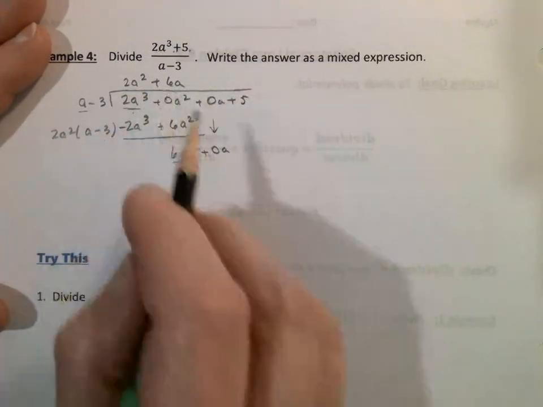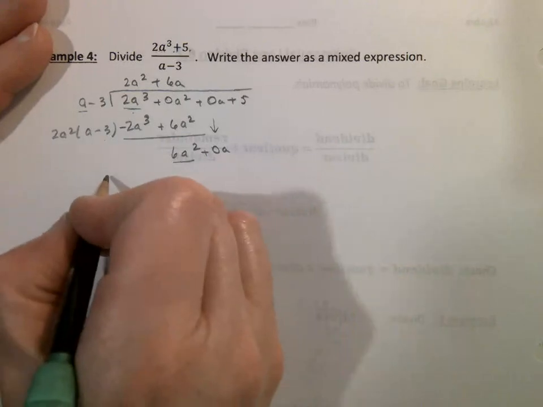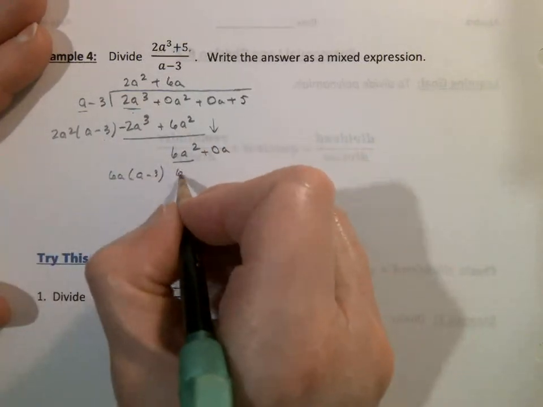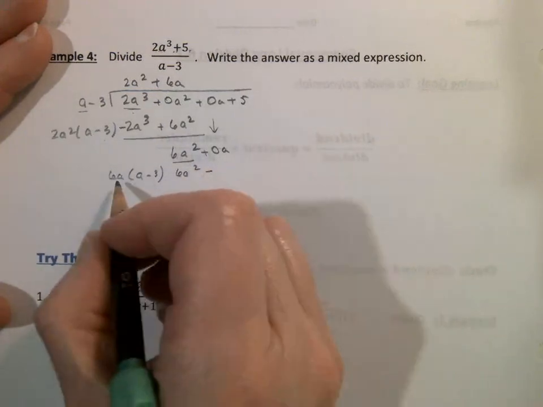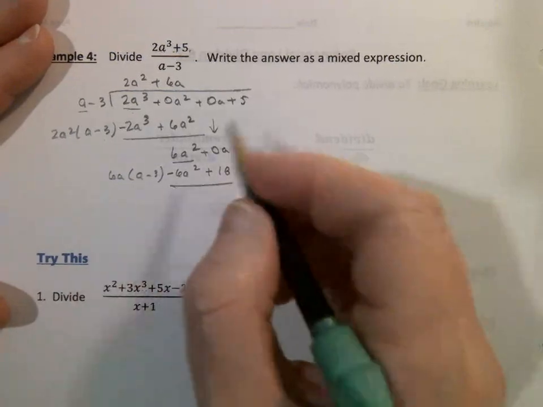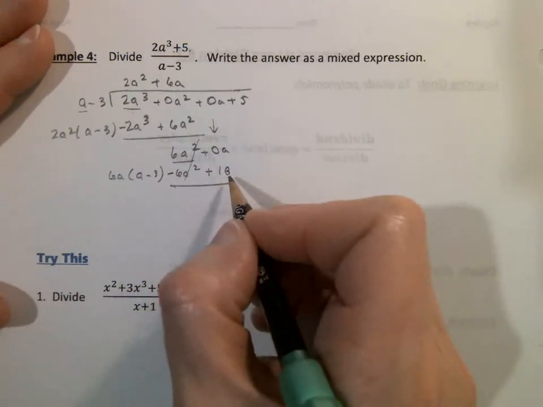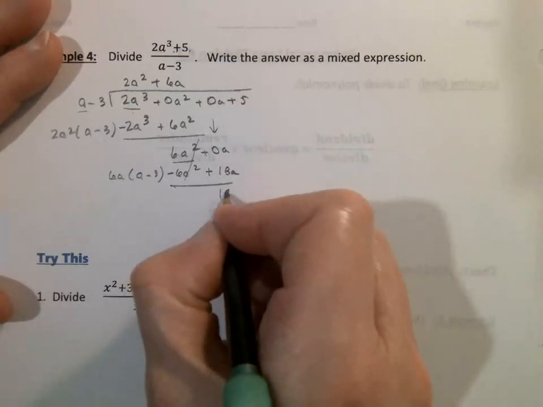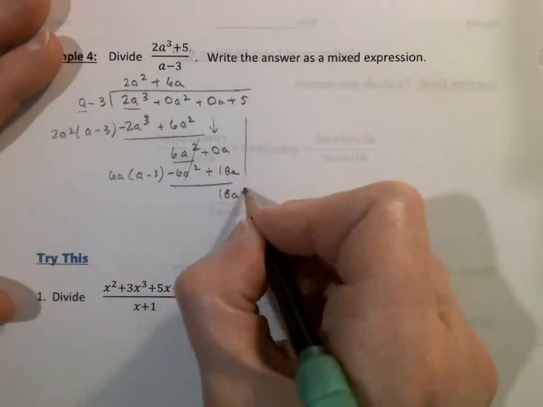Make sure you put your signs in there, and the plus. So I have 6a times a minus 3. That's going to give me 6a squared minus 18a, because 6 times negative 3 is negative 18. Change your signs because you're subtracting. Those cancel. 18a and 0a is just 18a. I bring down my 5.